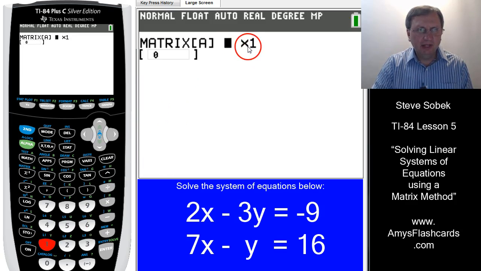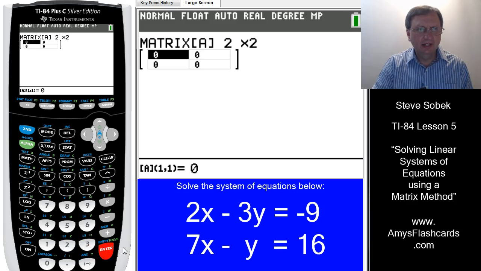It wants to know the dimensions. This is two rows and 2 columns, so it's a 2 by 2 matrix. So hit 2, enter, 2, enter. And now you can see that we have a matrix with default values of 0 in these 4 positions.